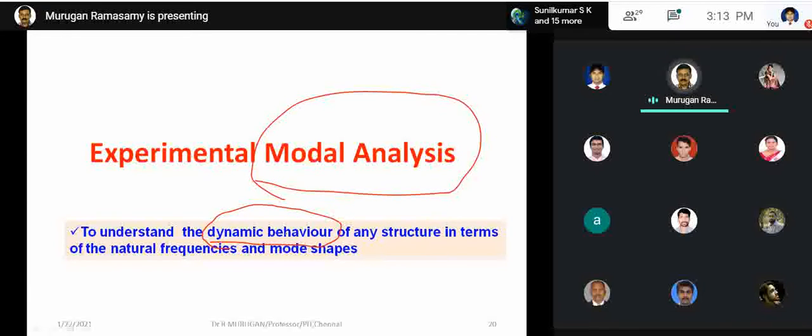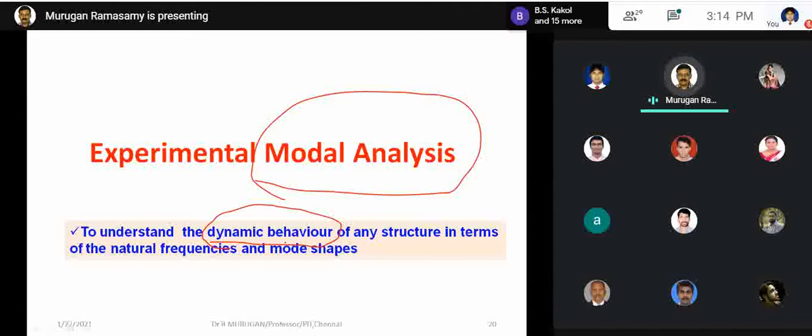That is why experimental modal analysis is done for most structures. Using modal analysis, we can easily find the natural frequencies and mode shapes. For any structure, an infinite number of natural frequencies and mode shapes are possible. But in experimental modal analysis, because of limitations of sensors and other software limitations, we can find only a few.